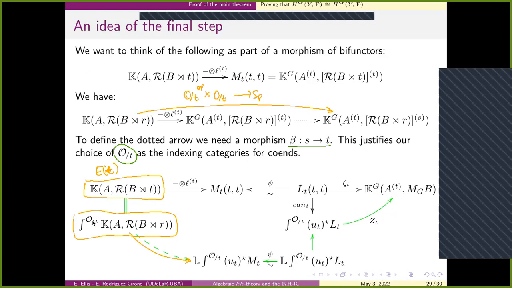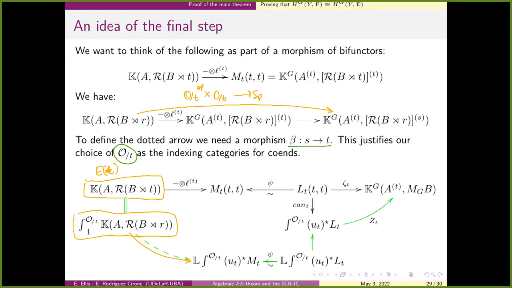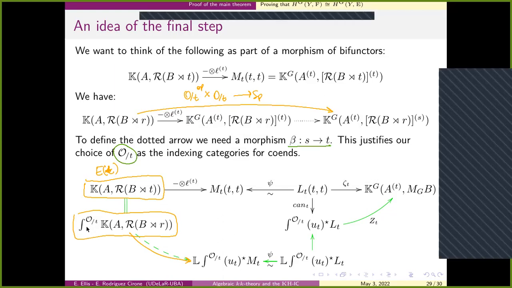So this coend is actually a colimit of this functor, and we are taking the colimit over a slice category, which is a category that has a final object. So the colimit over this category is just evaluating at the final object, and that gives us this equivalence, this isomorphism, in fact.